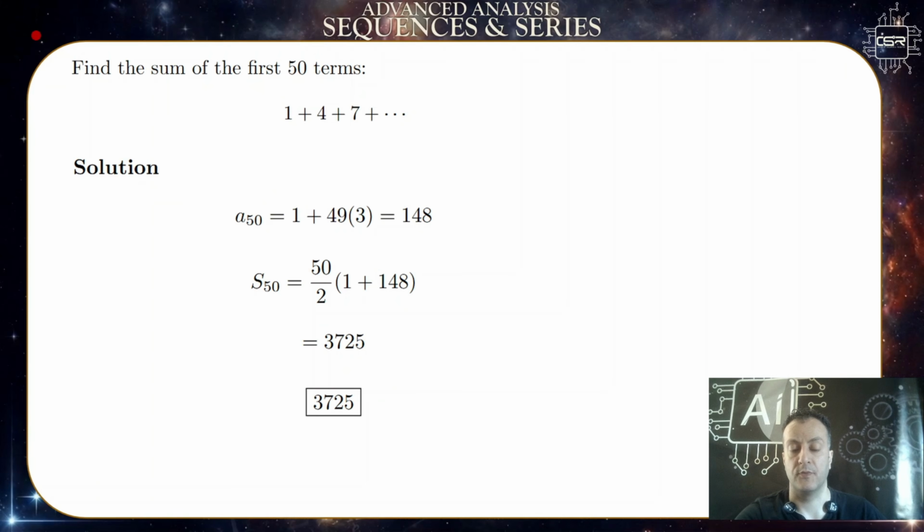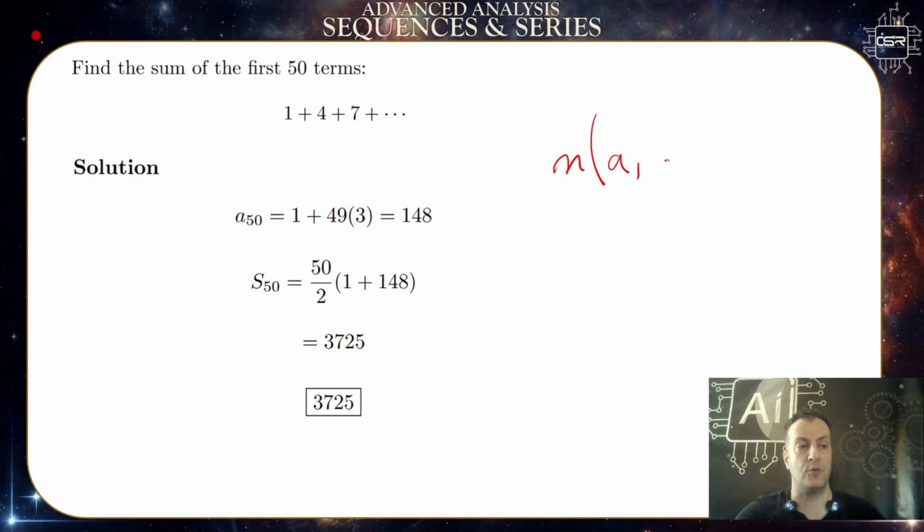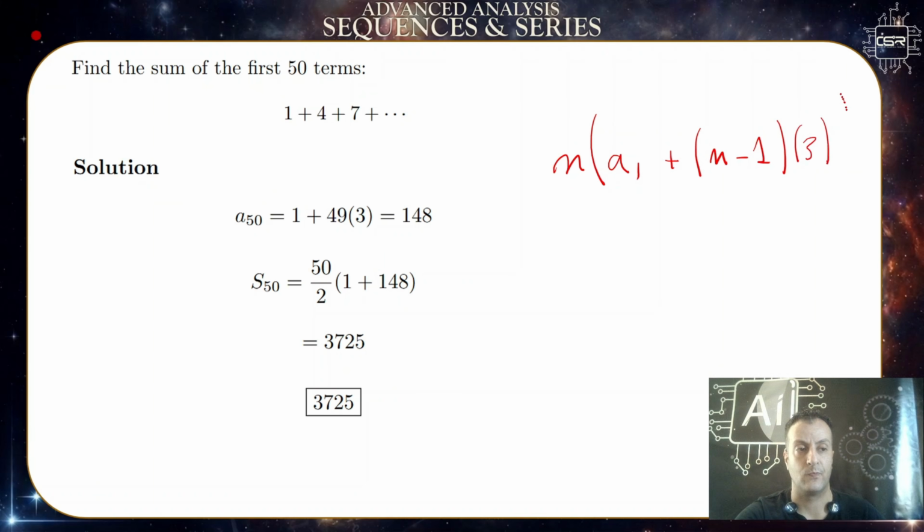So in such case, the formula would be n, the number of terms, divided by 2, multiplied by the first term plus the nth term, which is a_1 plus (n minus 1), with n being 50, multiplied by 3, which is the distance between the terms.